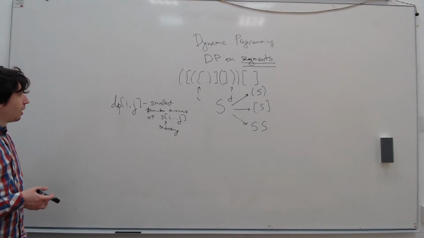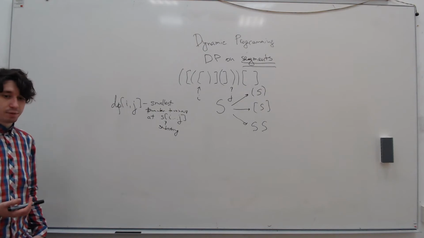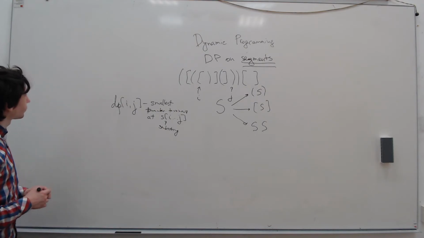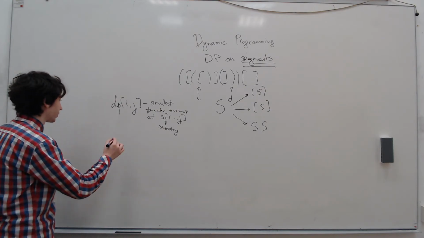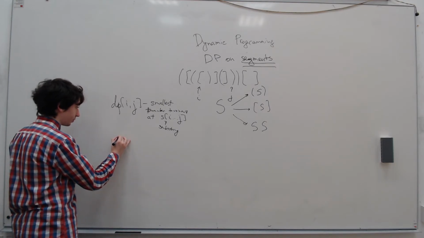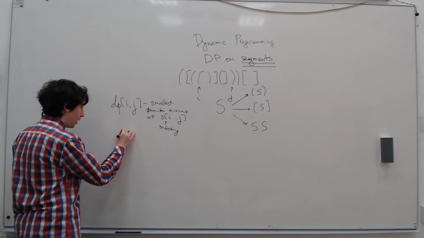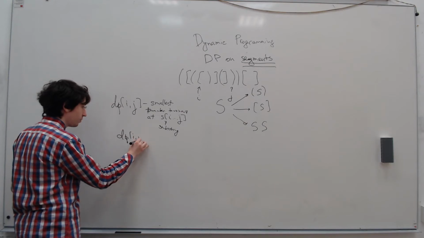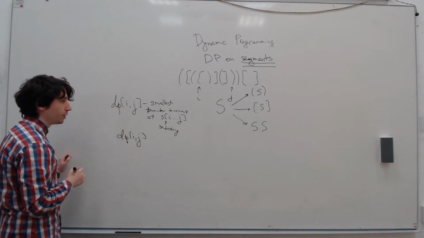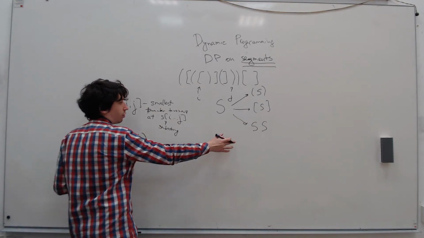So there are two cases then. You have dp[i][j]. Where will it come from? Let's consider only the last example.